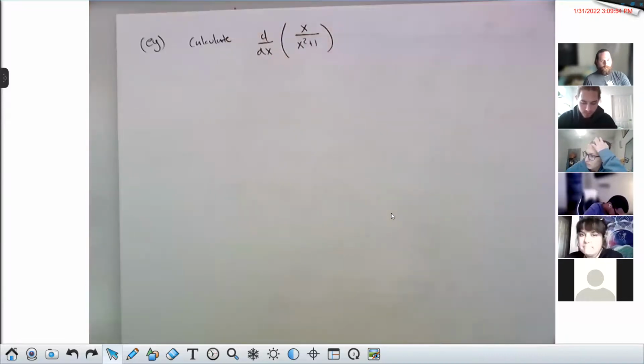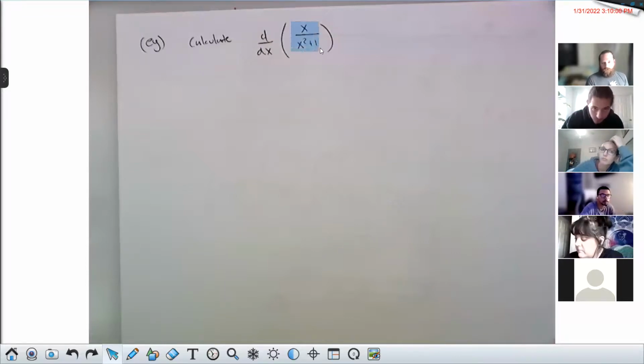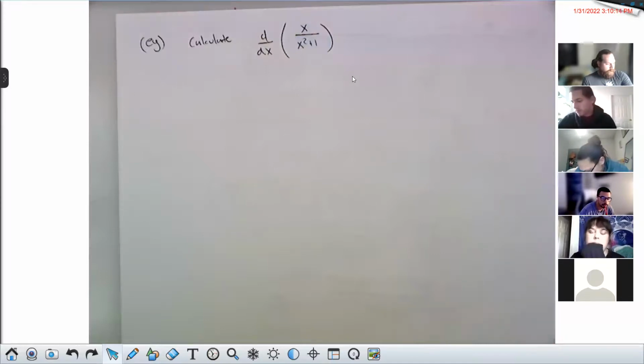Okay, could use the quotient rule. That's an option. This definitely looks like a quotient rule kind of thing. I can't split up this fraction and sneak in my power rule, right? Because the denominator has more than one term. There's no nice way to split this up. If you wanted to do this with the quotient rule, I would say I've got no problem with that. Totally reasonable thing to do.